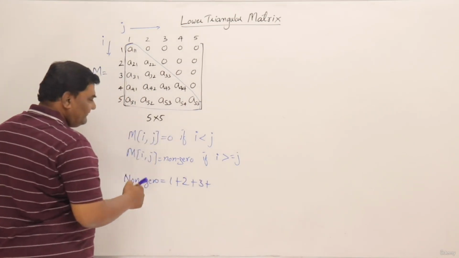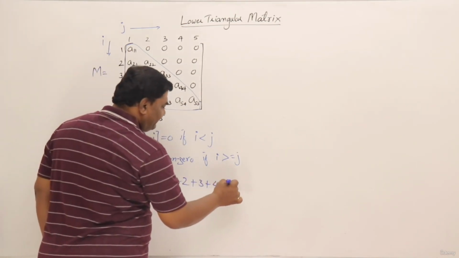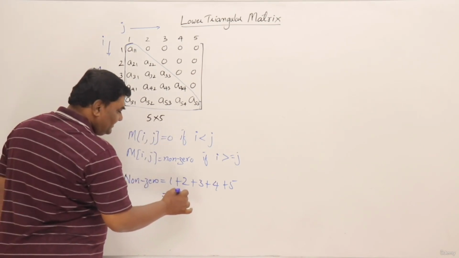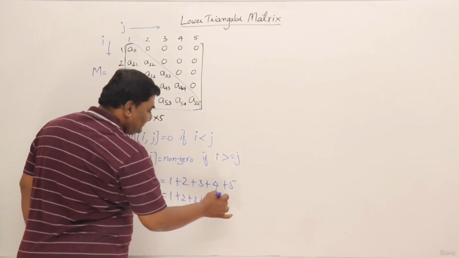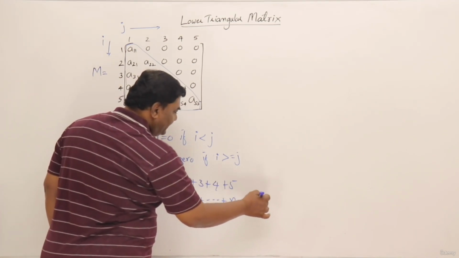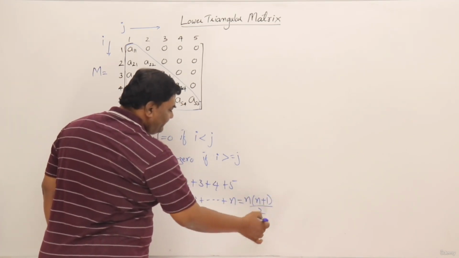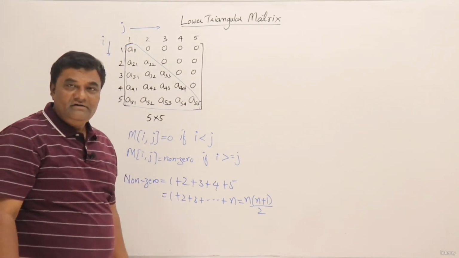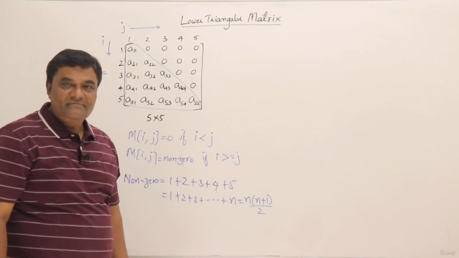So this is for 5, so this is 4 plus 5. Now for any n cross n matrix, it will be 1 plus 2 plus 3 and goes on to the last one, which will be n. So n into n plus 1 by 2 number of elements are non-zero.